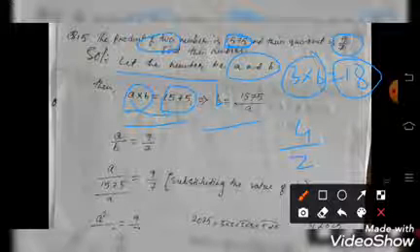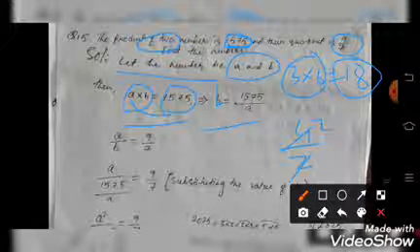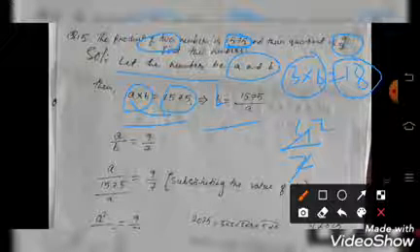Likewise, 4 divided by 2, we get a quotient. Same as when this A and B divide, we get the quotient 9 by 7, which is given in the question. So A by B is equal to 9 by 7.